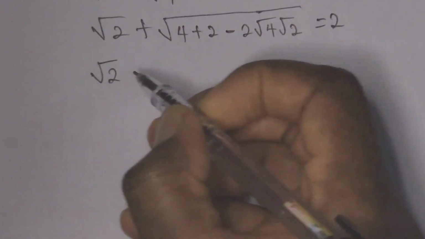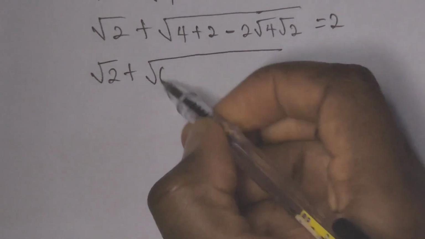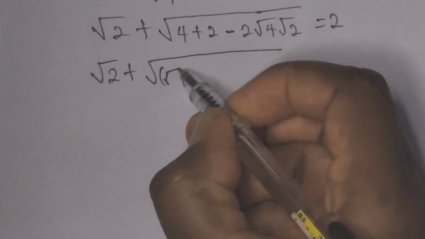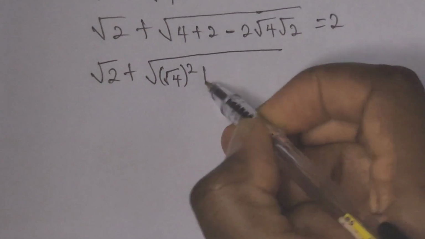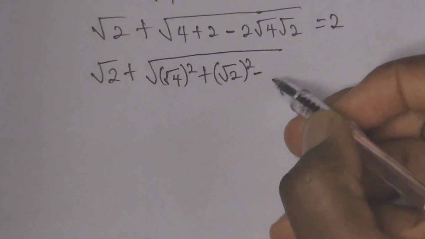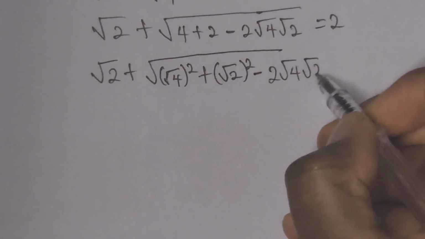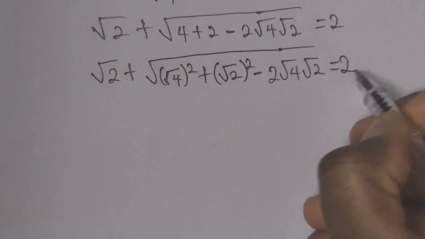So you have root 2 plus, 4 is written as the square root of 4 all squared plus the square root of 2 all squared, minus 2 root 4 root 2, all equal to 2.